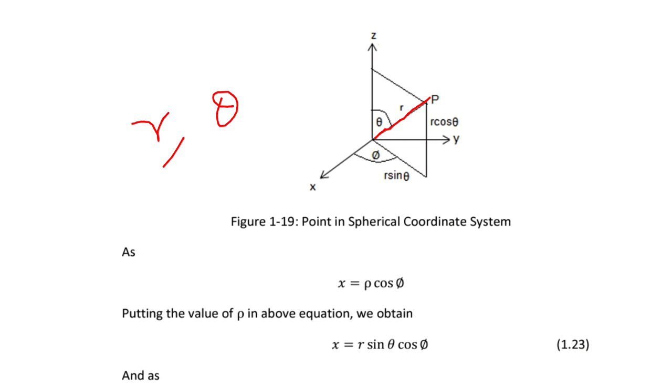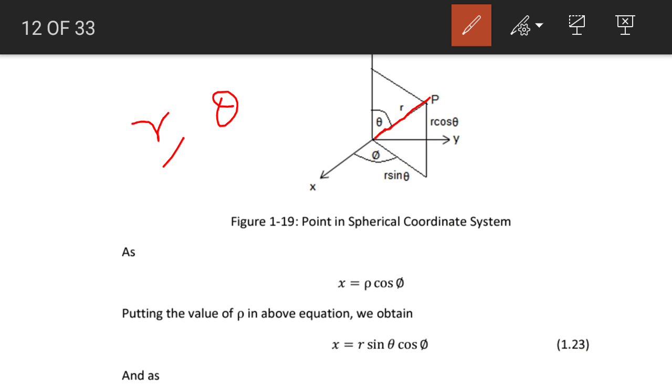So you see we can find out the location of a three-dimensional point in the three-dimensional space if r, theta and phi are known.